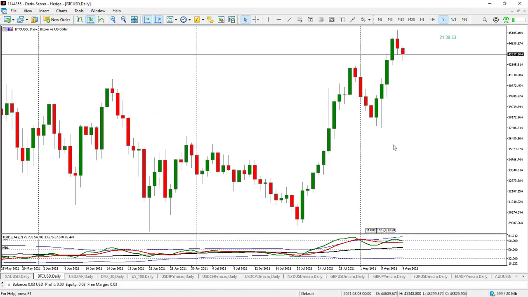we have 1 2 3, and then the market is ranging within the flip zone of this last candle, and what I'll be expecting to see is the market test the 50% of this candle.